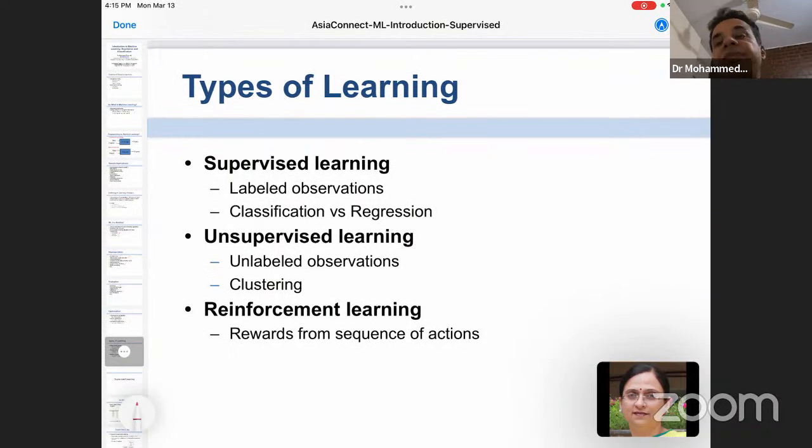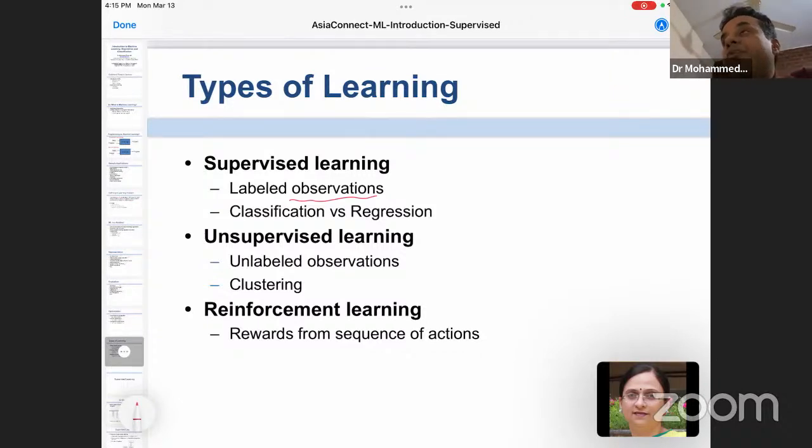Lastly, there are many different types of learning. We can broadly categorize them into three types: supervised, unsupervised, and reinforcement learning. So what is supervised learning? In supervised learning, you have labeled observations, meaning you know the outcome.